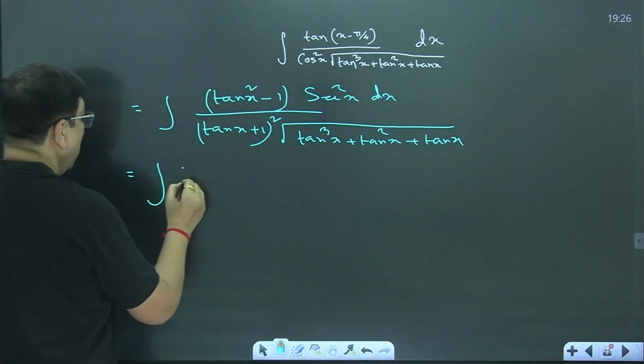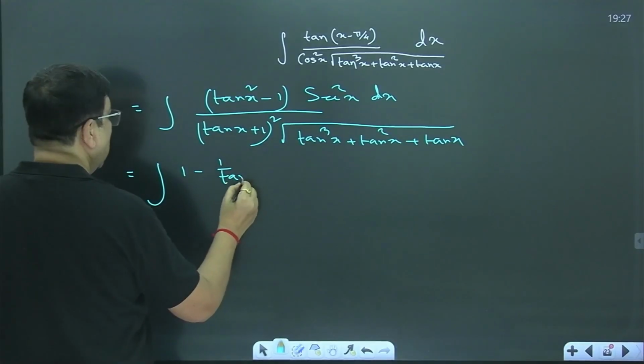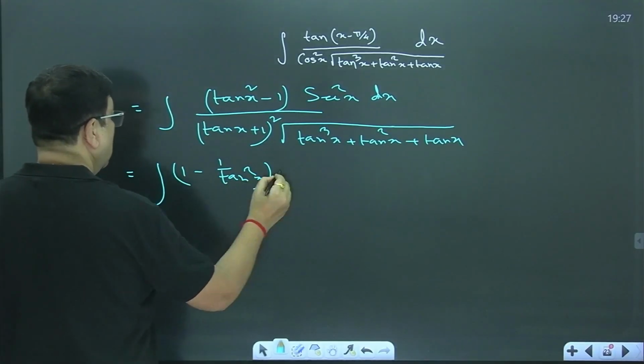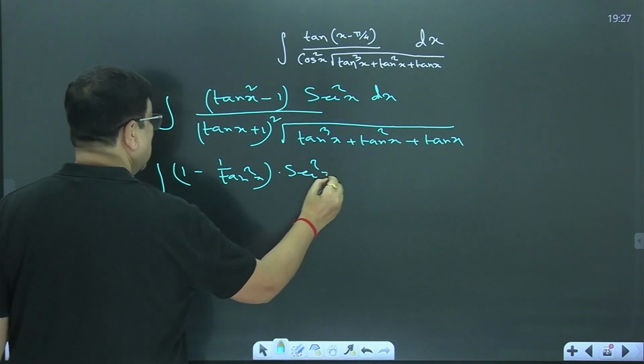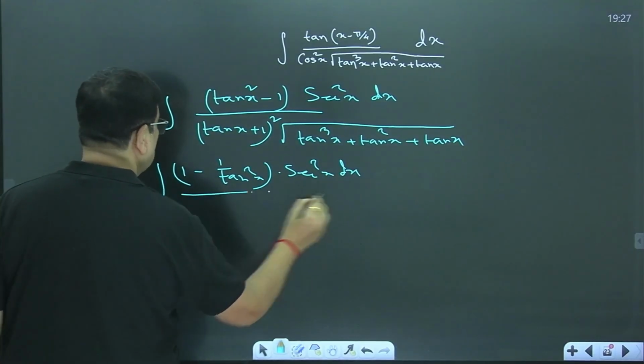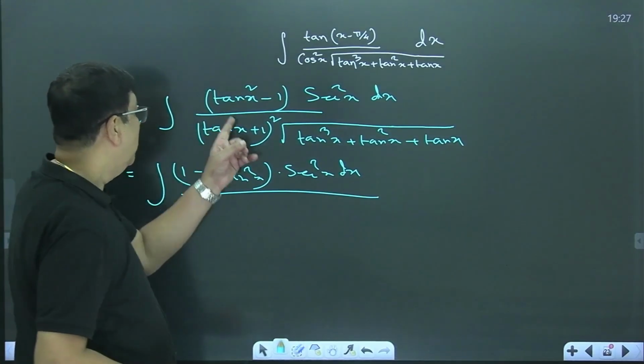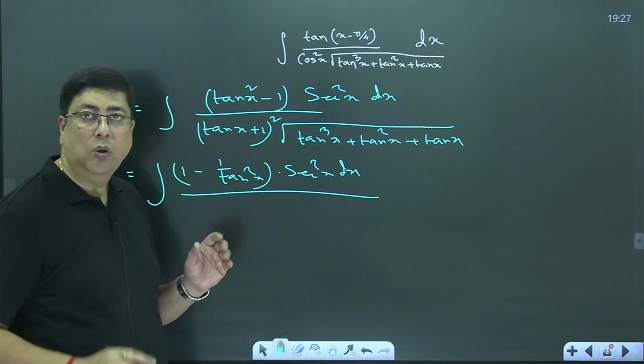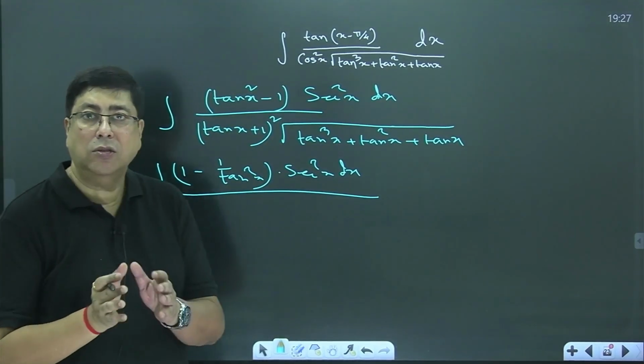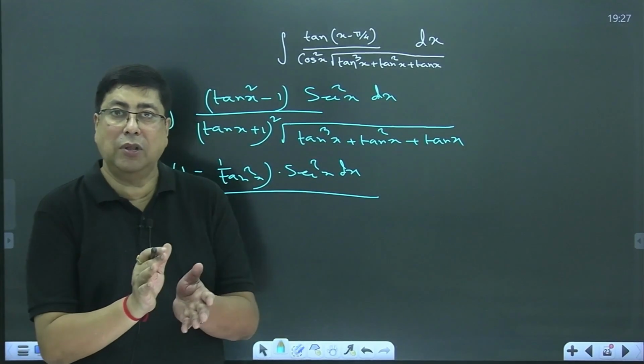We are getting here 1 minus 1 by tan square x into sec square x, because the derivative of tan is present, so we have no tension. And I have divided by tan square x, so we have to divide the denominator also by tan square x, and we have to distribute the tan x.